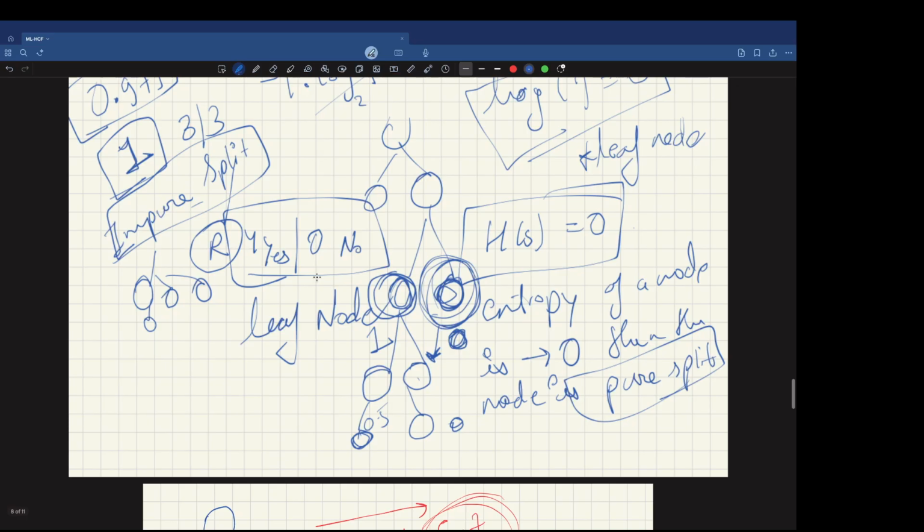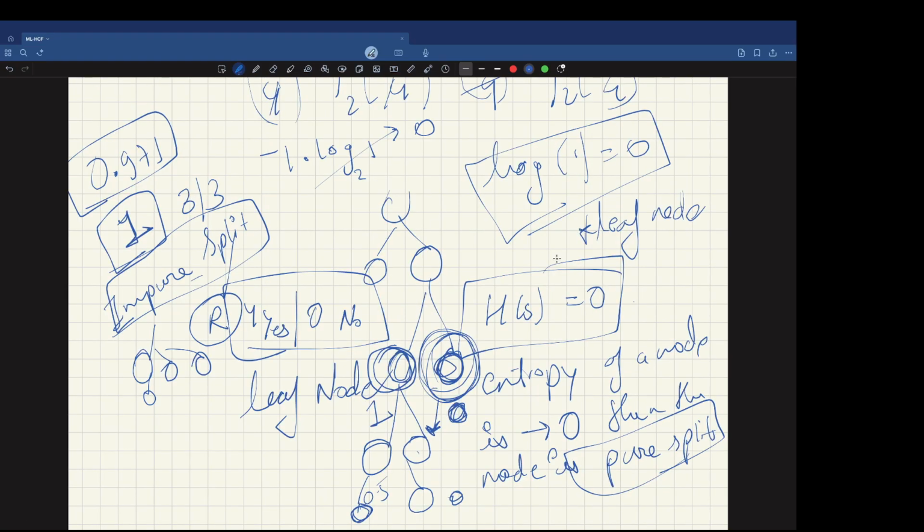We'll take one more example, like the outlook one in this case also. H of S was 0 when 4 yes and 0 no's were there. So P positive was 4 by 4, that is 1, and P negative was 0 by 4, that is 0. Then H of S was 0.